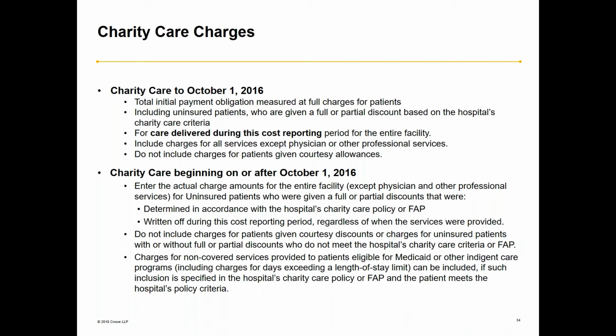Whereas after 2016, it's by write-off date. It's written off during the cost report period, regardless of when the services were provided. So if it was written off in that cost report period and the services were provided the year before, that could now be a charity care number for after October 1st, 2016.